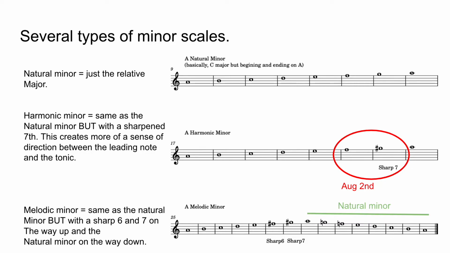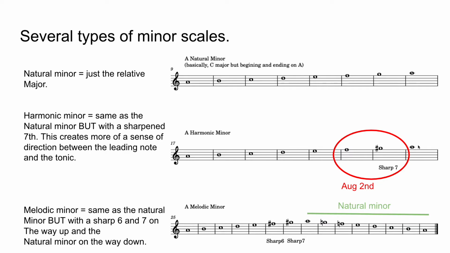So if I play a harmonic minor, we've got that sharpened seventh step, which gives us the semitone between the seventh step, the leading note, and the tonic of the minor scale. So a harmonic minor is just the same as a natural minor, but with a sharpened seventh step.